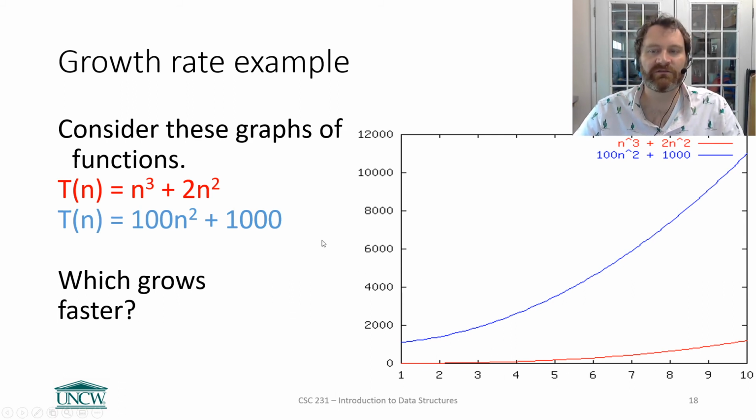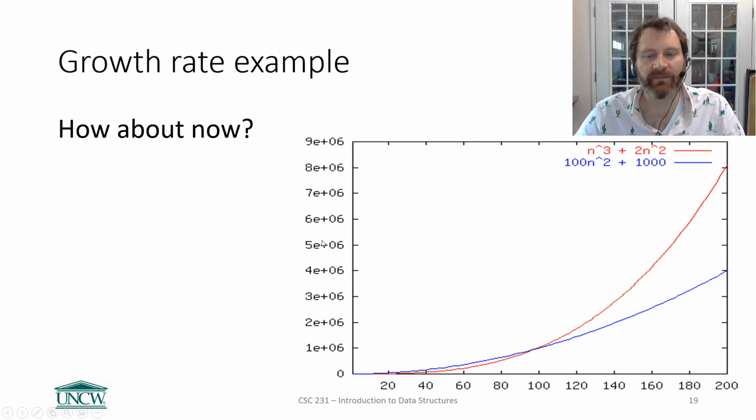Let's zoom out. Okay, how about now? 20, 40, 60, 80, 100, 120. These are bigger values of n, and look what happens. This red line, right around 100, overtakes the blue line, because the red line grows faster.